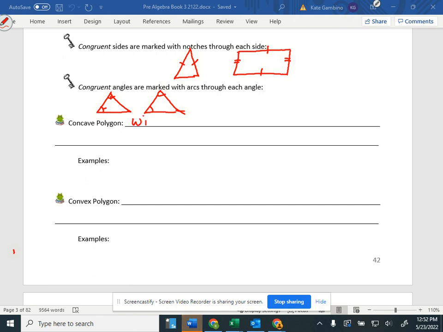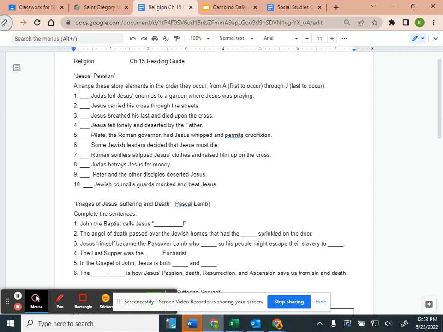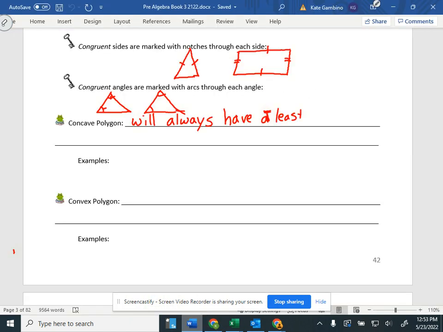A concave polygon will always have at least one reflex interior angle.